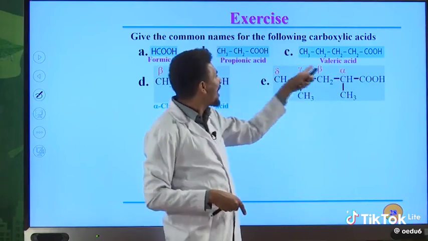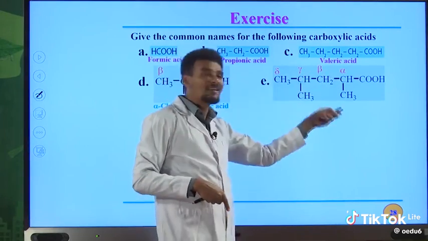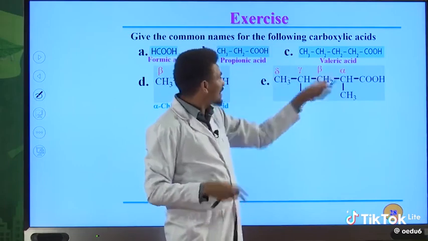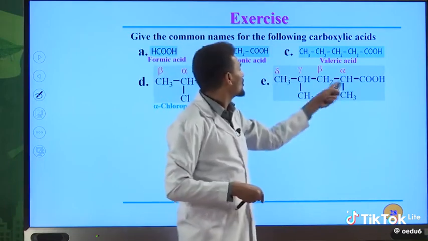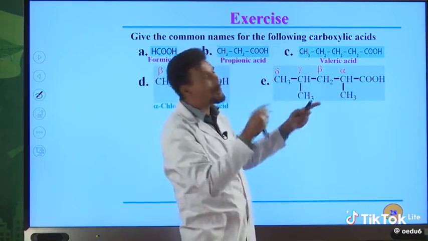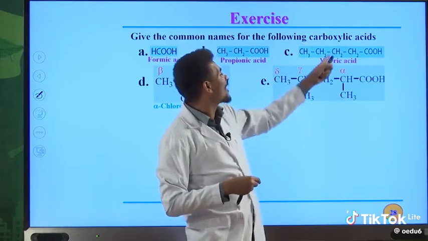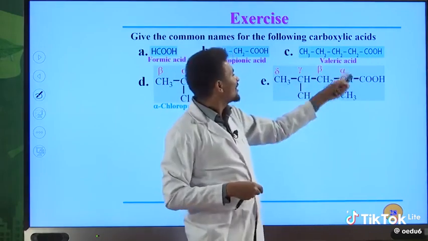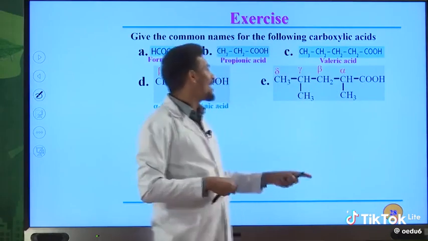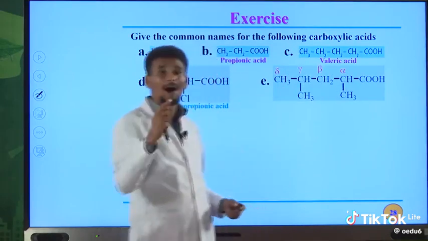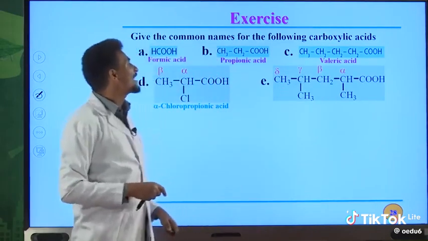Therefore, alpha, gamma, dimethyl. How many carbon atoms in the longest chain? 1, 2, 3, 4, 5. The common name of a carboxylic acid that contains 5 carbon atoms is valeric acid. Therefore, the common name of this organic acid is alpha, gamma, dimethyl valeric acid.